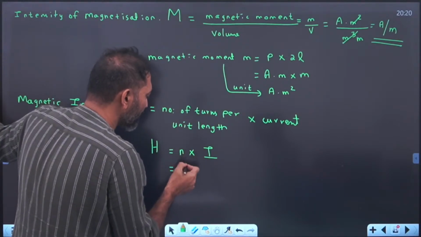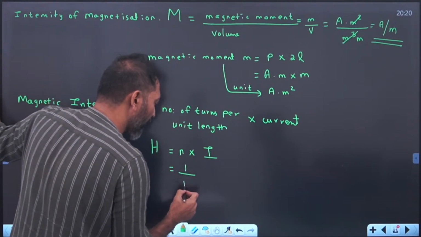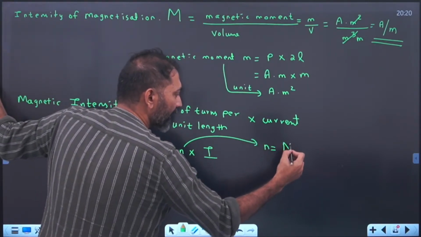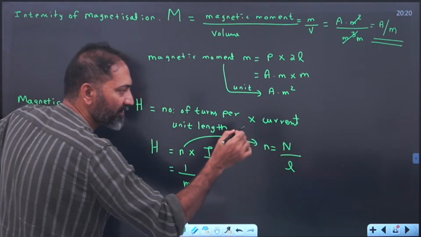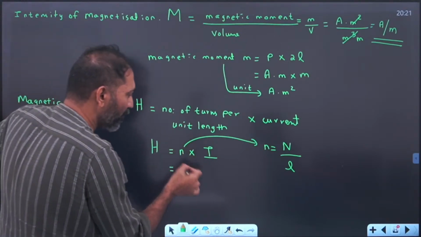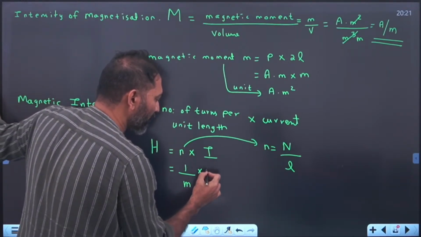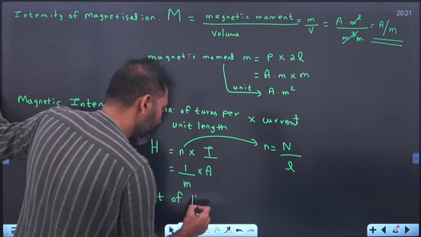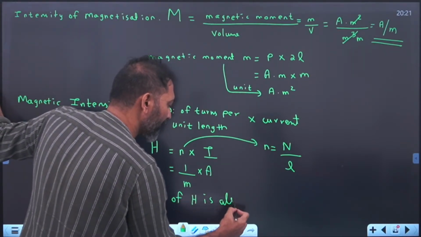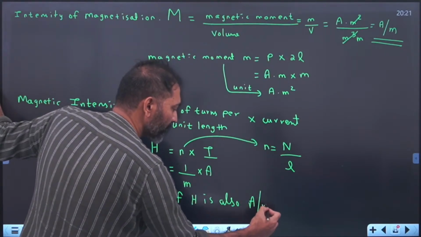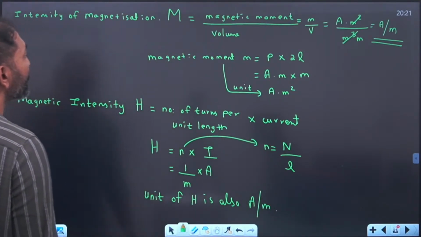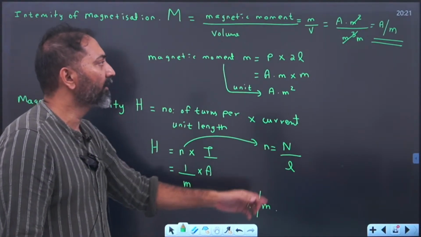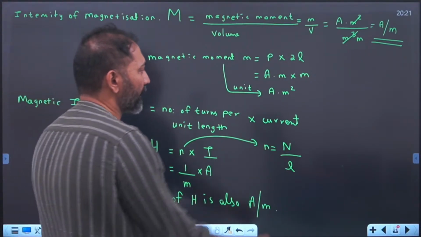Since it is number of turns per unit length, the unit is 1 by meter, because small n equals capital N by L. Capital N is total number of turns, which doesn't have any unit, and length means meter, into current. So the unit of H is also ampere per meter. So both the intensity of magnetization and the magnetic field intensity have the same unit, ampere per meter.